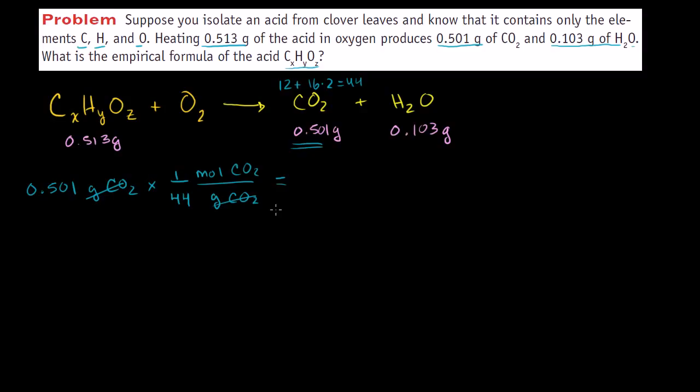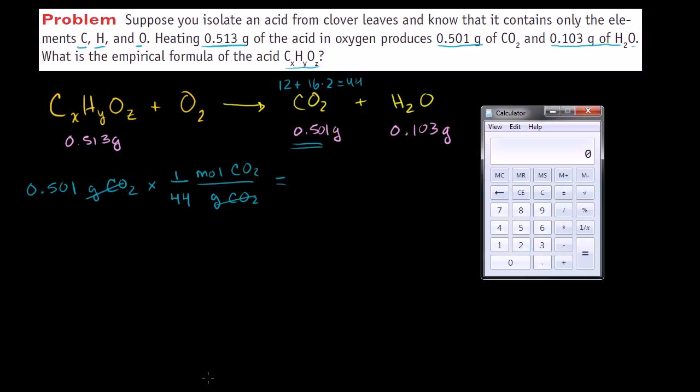And you're going to get 0.501 divided by 44 moles of carbon dioxide. So let's get the calculator out. 0.501 divided by 44 is equal to 0.0114. We have 3 significant digits here, and 44 is just a pure number, or pretty close to a pure number, so I'll round it to 0.0114.